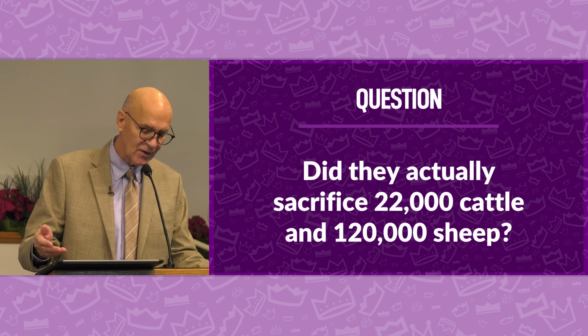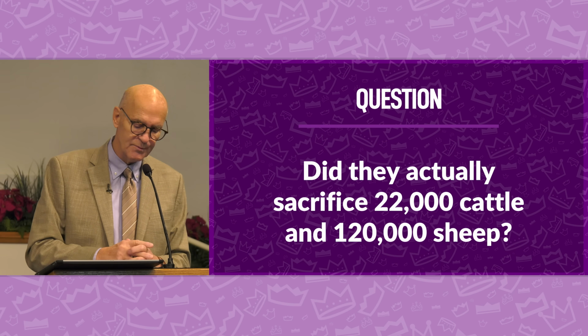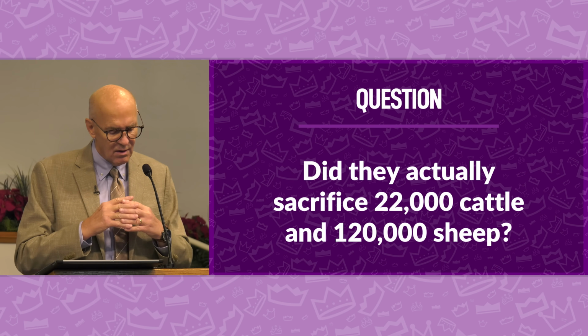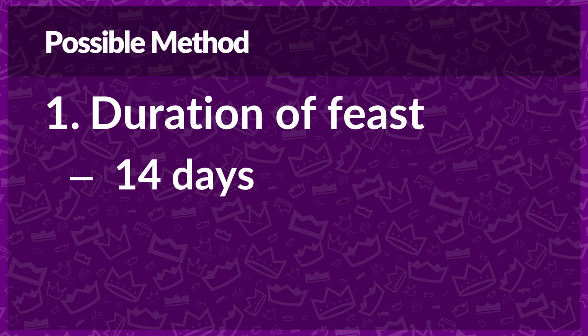And so in answer to that question, here are some points that provide context and possible explanations for how this might have been managed. First of all, the dedication ceremony lasted for 14 days.